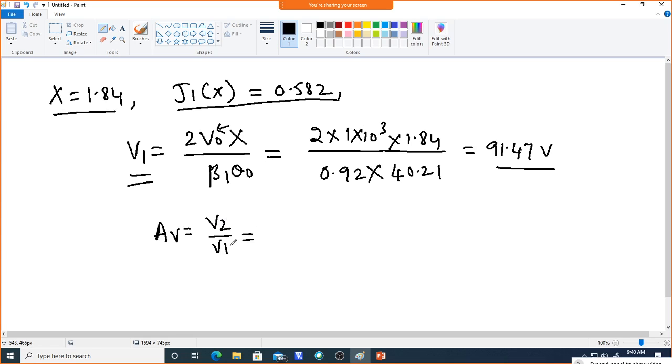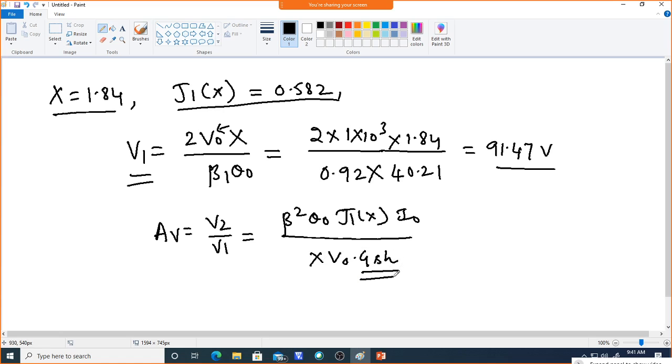Since V2 is not known, you can use A_V equal to beta square theta naught into J1 of x into I naught divided by x V naught into G_sh.